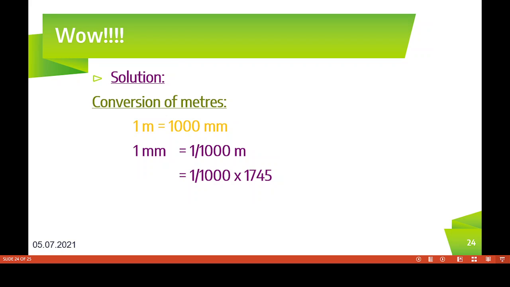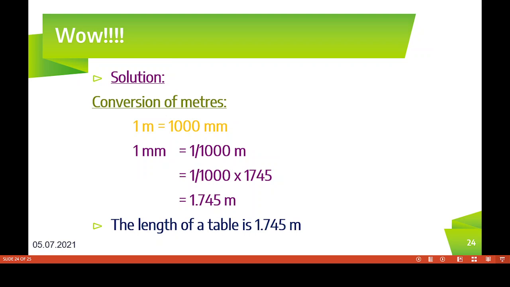Now 1 millimeter is equal to 1 by 1000 meter. So 1 by 1000 into 1745. Children, imagine 1745 divided by 1000. Here there are 3 zeros, so you have to put the decimal after moving 3 digits. Finally, we got the length of the table as 1.745 meters.